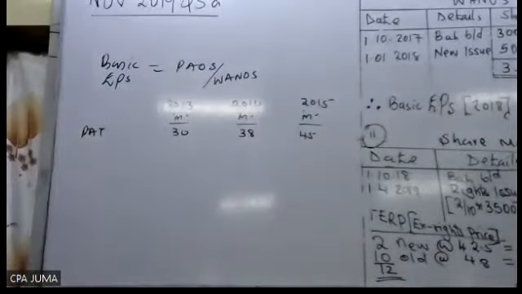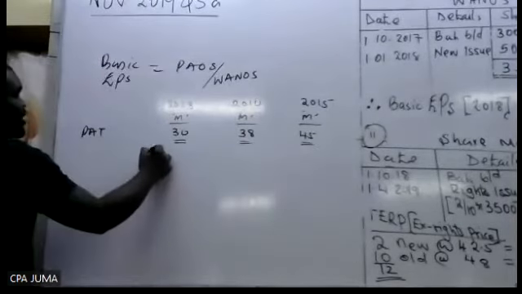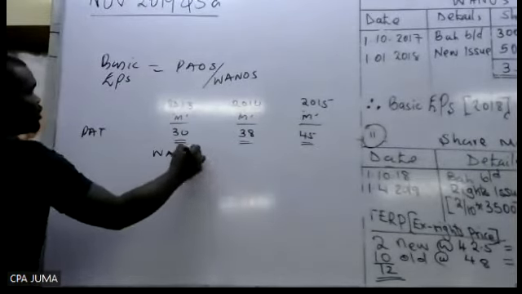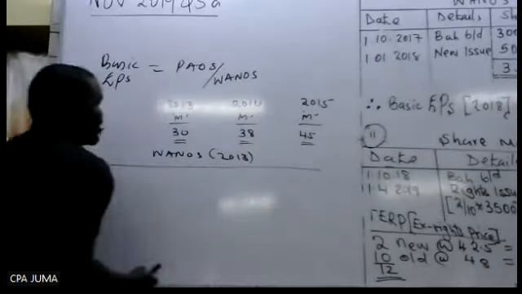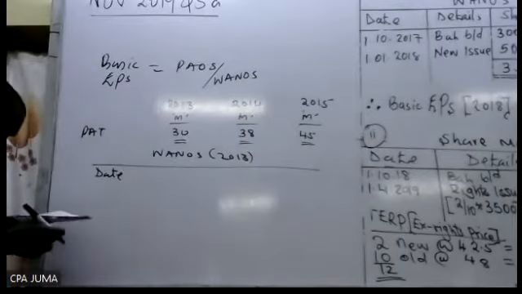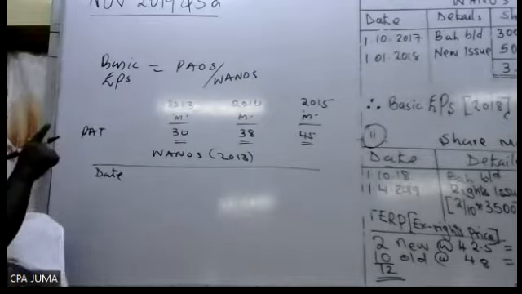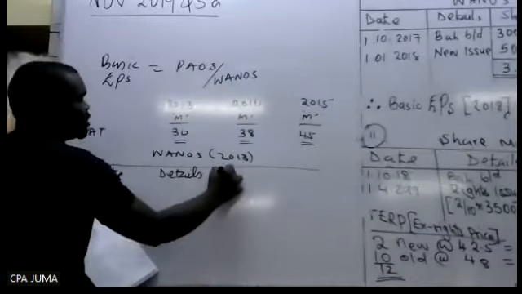So it means these are the profits. Let's get the shares for 2013. In 2013, the rights issue is present, in which year? In 2014, in the middle. So date, details, shares.